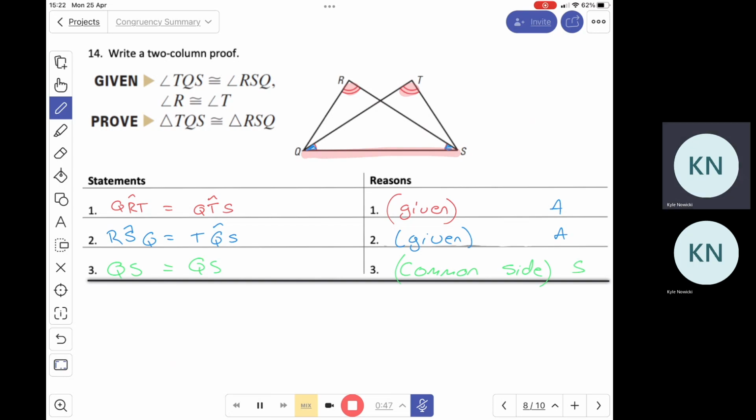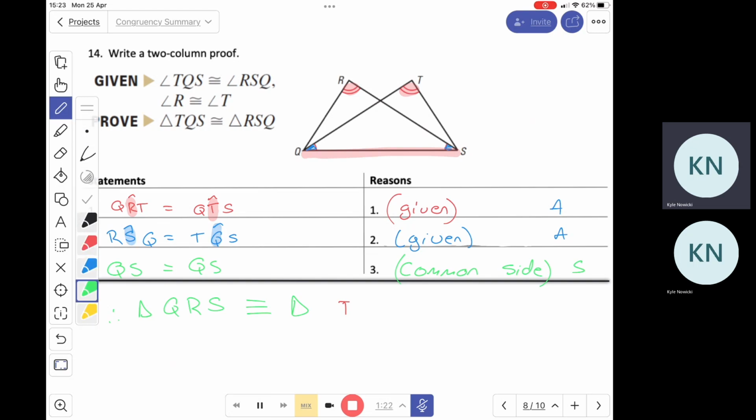And so now I can say, therefore, triangle, now the first one doesn't really matter, QRS is congruent to triangle. Now we've got to match. We've got to say, okay, if we look at our information, Q, do I know anything about Q? Well, let's look at the information. I know that R must match with T, so T's got to be in the middle of my information. And I know over here that S must match with Q, right? And I know that QS is going to be QS.